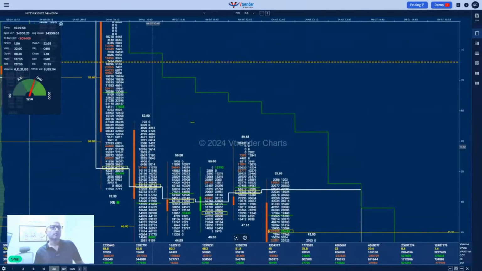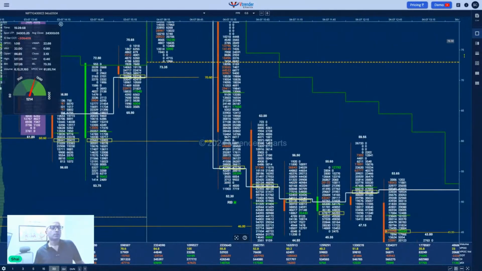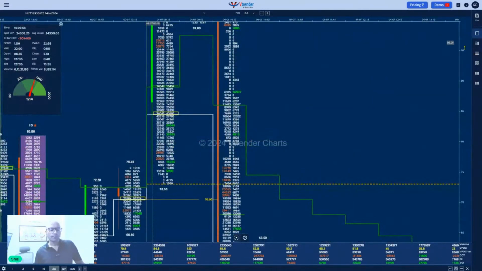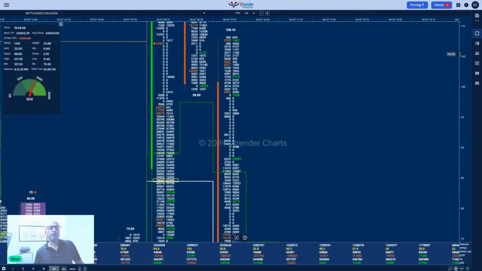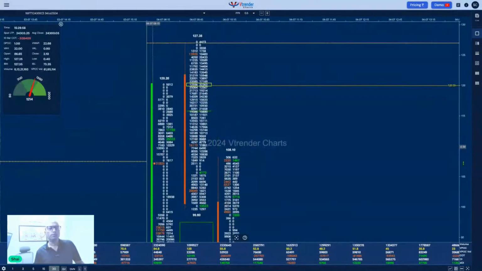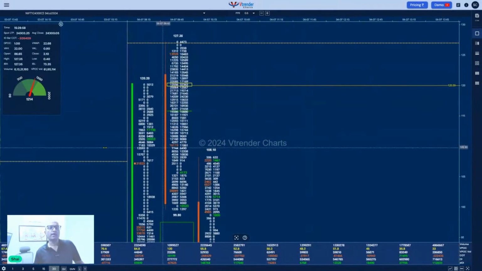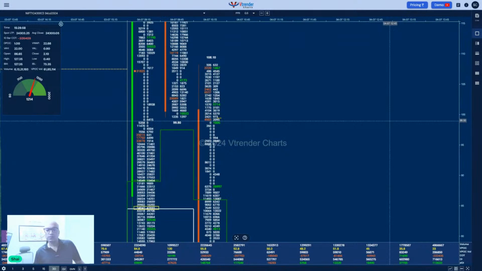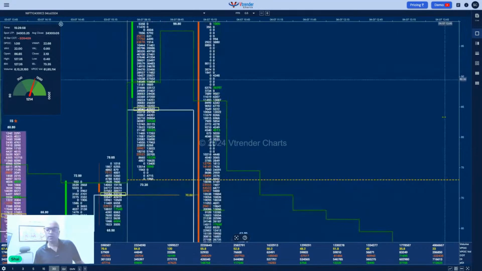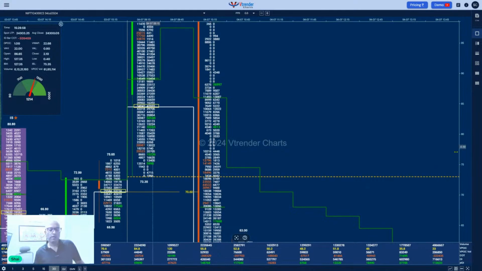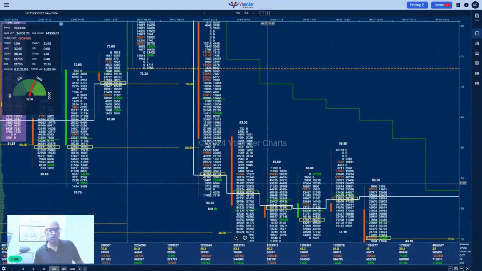Right at the open there was a case to be long, and these writers were under pressure, but there was a little bit of covering which happened over here, 110. But since these sellers started showing up over here, this was a classic way of this market showing that there was a lot of writing which happened.